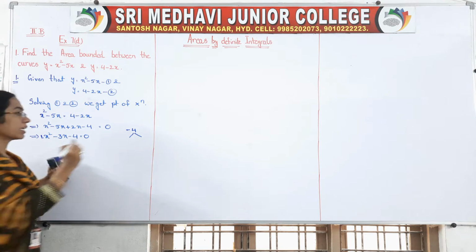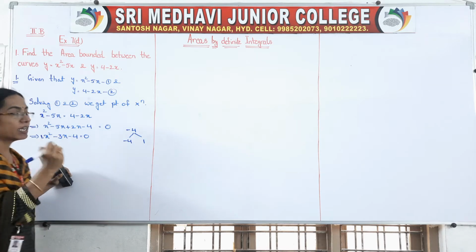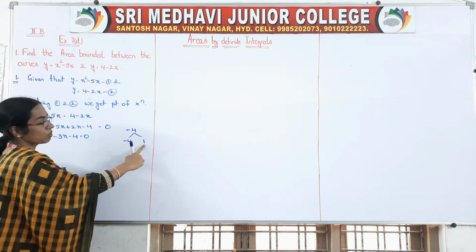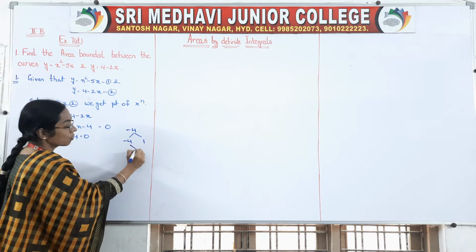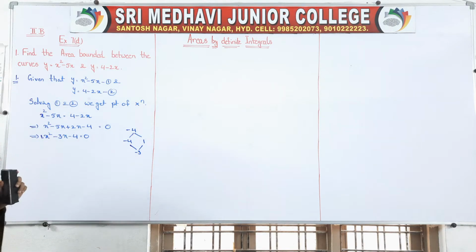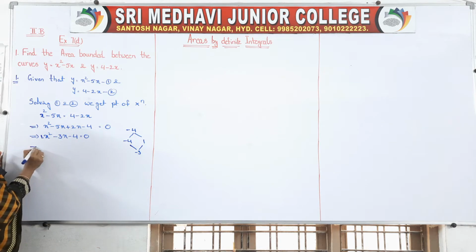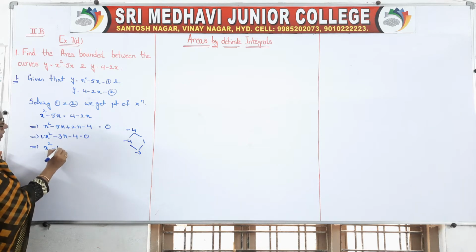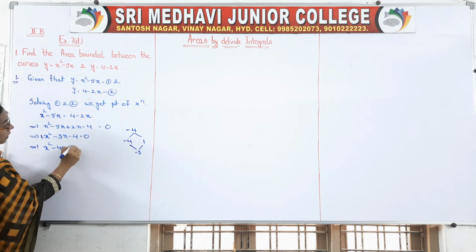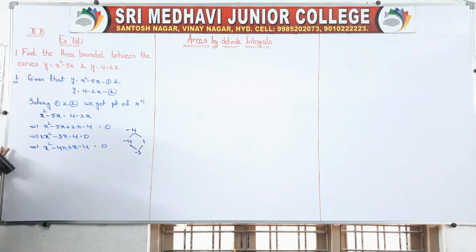How do we take them? You take minus 4 and 1. If you multiply, minus 4 into 1 is minus 4, and if you add, you will get the value minus 3. Okay, so come on, how can we take this? It is x square, so minus 4x plus x minus 4 is equal to 0.